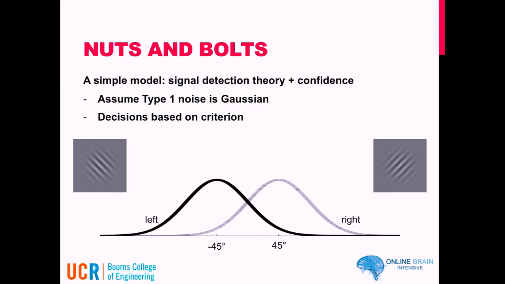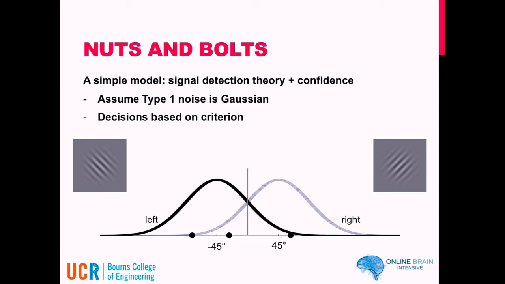Our simple model makes the assumption, again, that this noise is Gaussian, or normally distributed around that true mean in the environment. So on every trial, you get a single noisy sample, trial 1, trial 2, trial 3, and so on, that's drawn from this probability distribution. So these are 3 trials, 3 samples of a left-tilted stimulus.